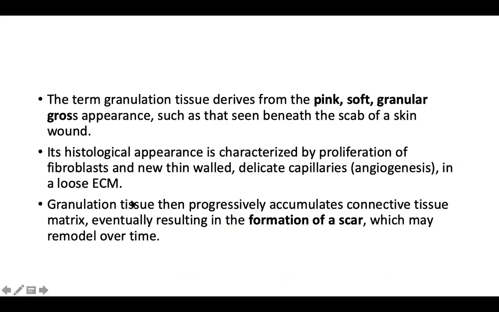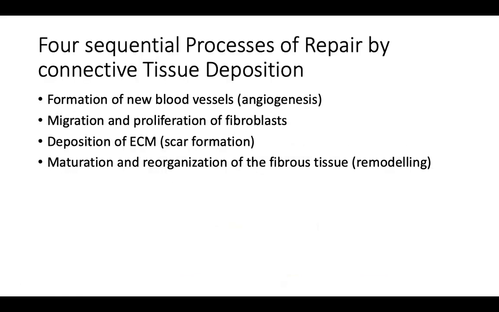Now, after granulation tissue has occurred, what is going to happen is the formation of a scar. The scar itself is going to remodel and harden, and the tissue architecture, though not as previously seen, will at least try to maintain the function of that tissue that had been injured.